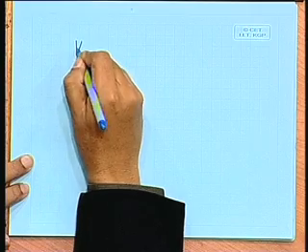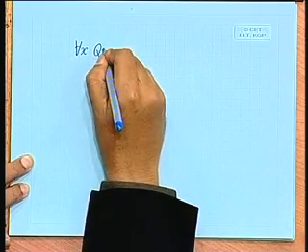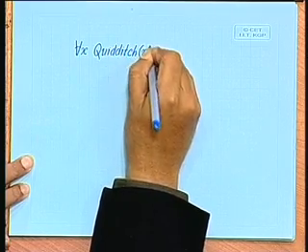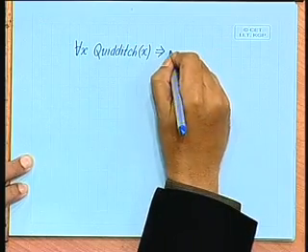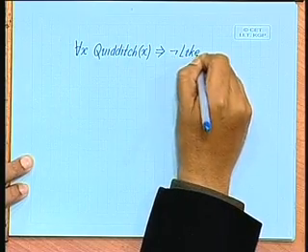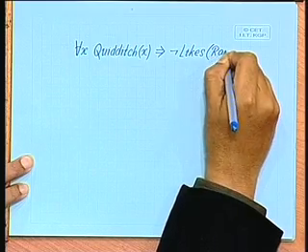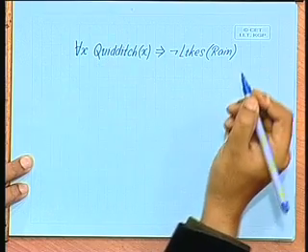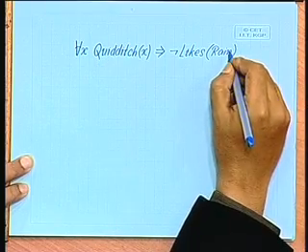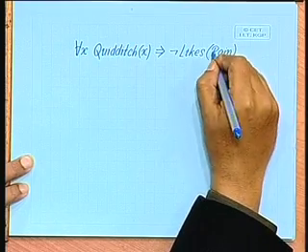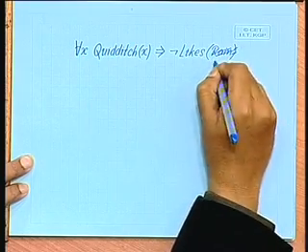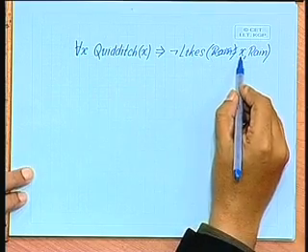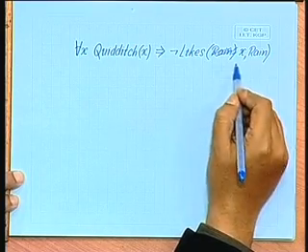So which means that for all x, Quidditch x implies not of likes x comma rain, and this predicate says that x likes rain. So likes x y is x likes y.